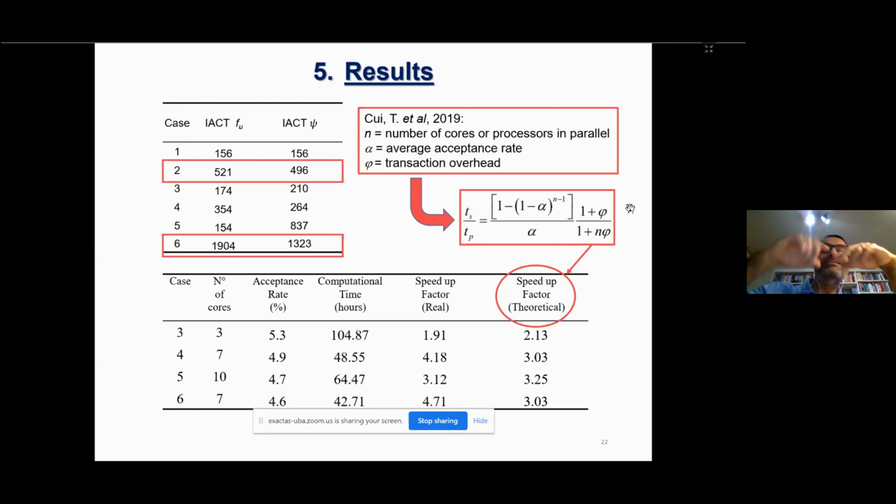So actually this somehow passes through a maximum and decreases. Our acceptance rates here were very small, let's see, about 5%. So I guess that this number 7 ended up being the best number of cores because of the small acceptance rates that we have here.